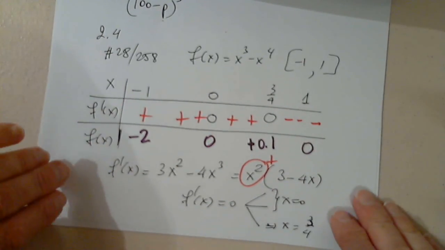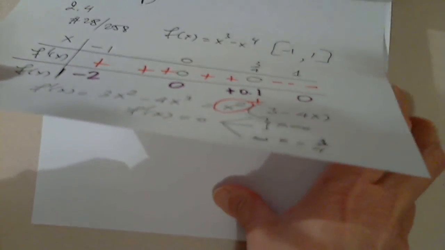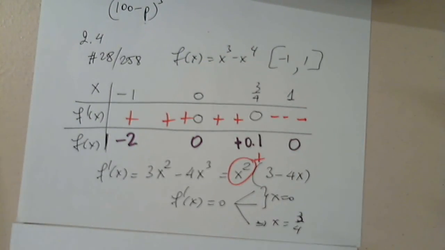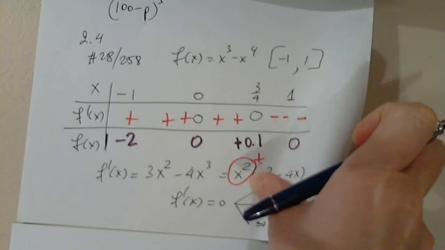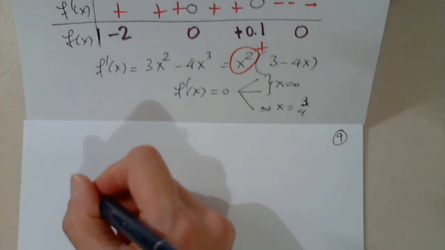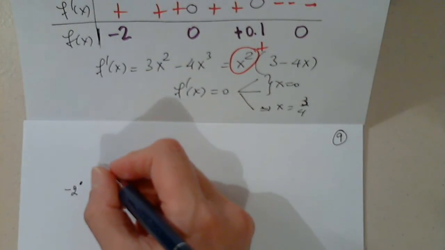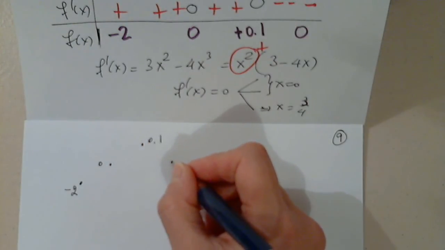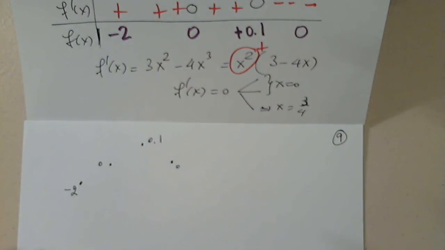Okay, so now I'm going to create a little graph. Really no graph, but I'm just putting the values so I can see them. So here are the values that I have. I have -2. I have 0. I have 0.1. And I have 0. This is no graph.